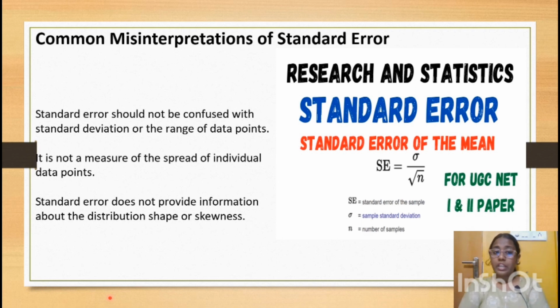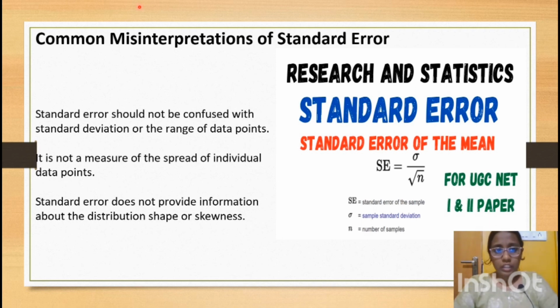It is not to measure the spread of individual data points. The standard deviation measures the spread of individual data points, but standard error does not. Standard error does not provide information about the distribution, shape, or skewness. In research and statistics, the standard error of the mean is what matters.